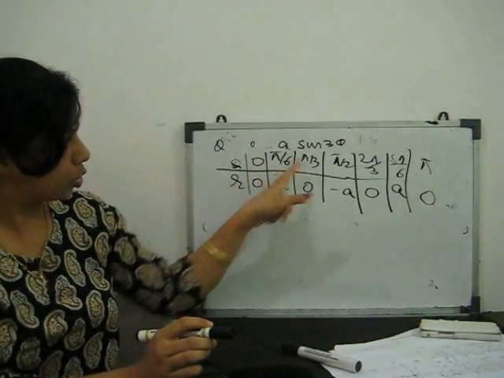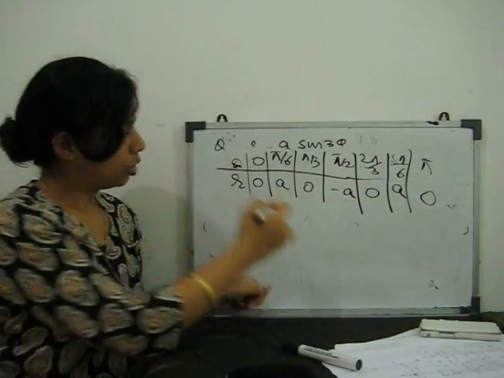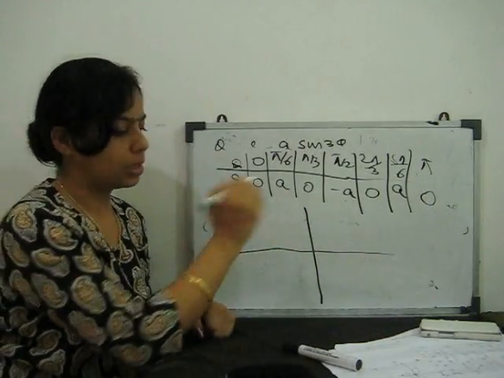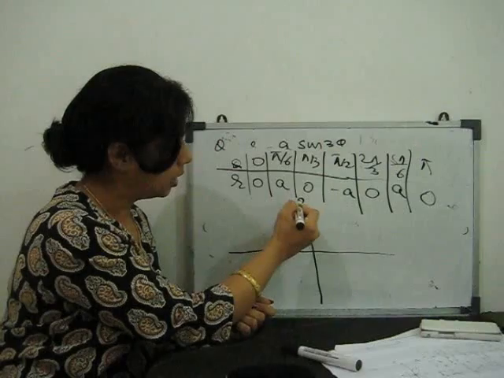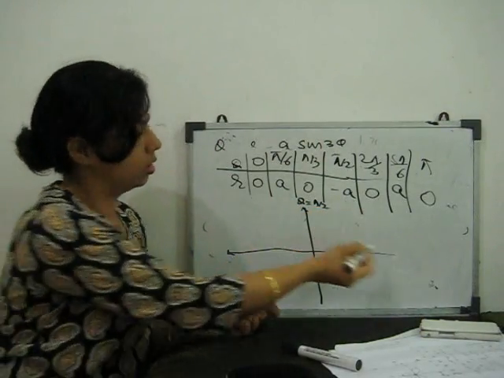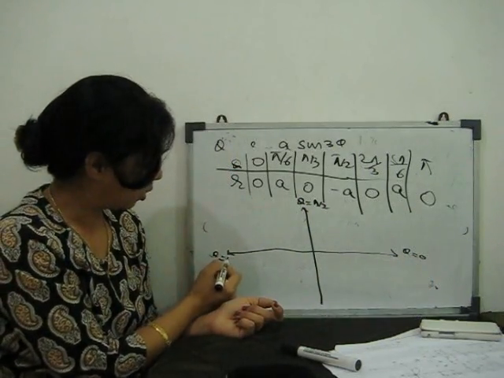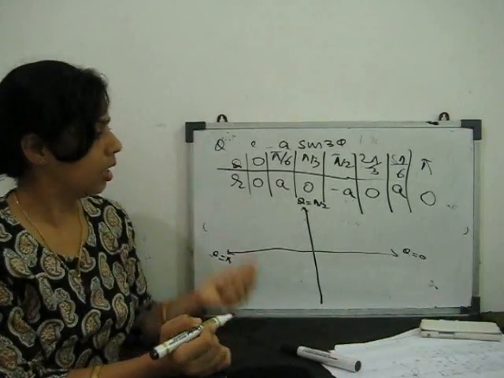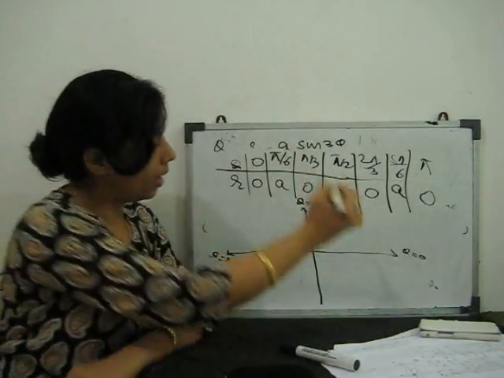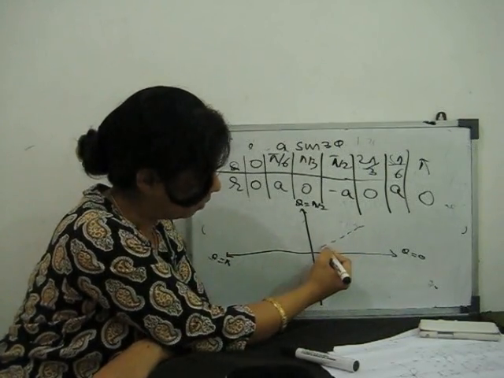See, at theta is equal to 0, r is 0; at pi by 3, 0; at 2 pi by 3, 0; at pi, 0. This line is theta is equal to pi by 2. This gives theta is equal to 0. This gives theta is equal to pi, correct? So now we have to plot.